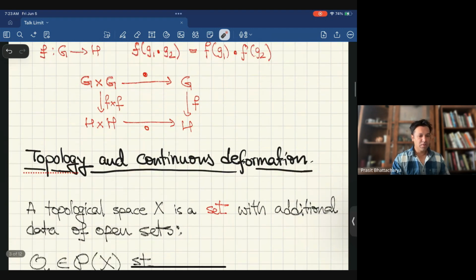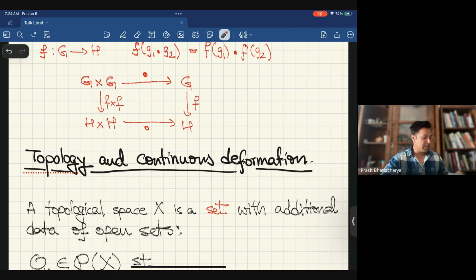The mathematicians soon figured out that just working with sets is not enough to capture the kind of things that we learn. For example, in analysis, we look at real numbers, and we have a notion of continuous functions. And to really talk about continuous functions in general, you need to have what is called a topological space.